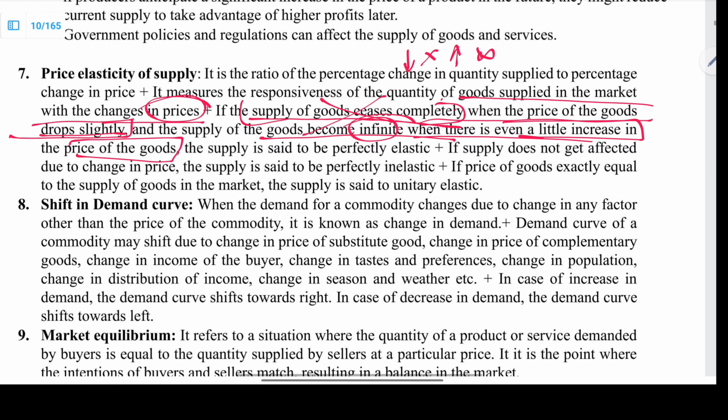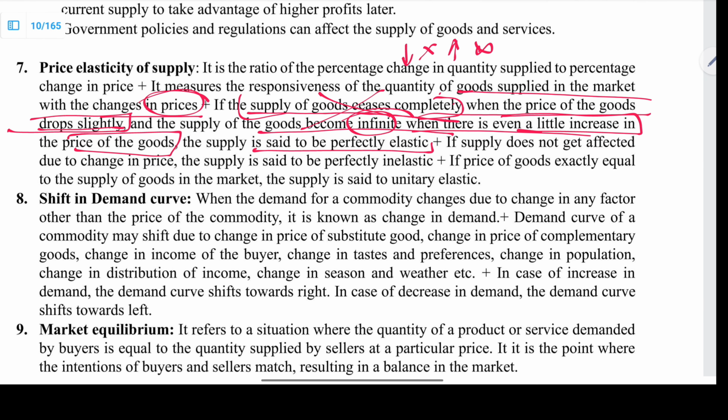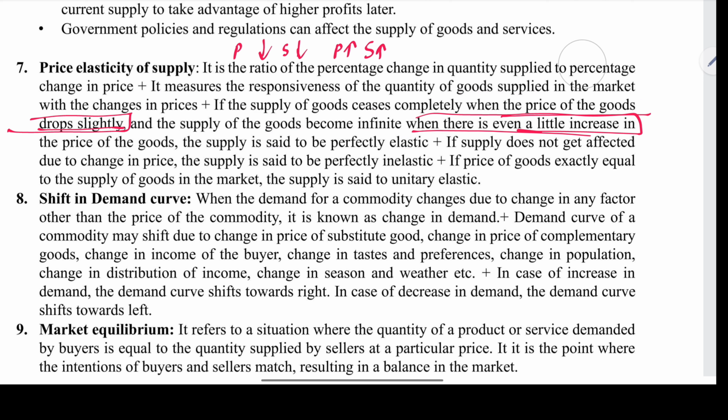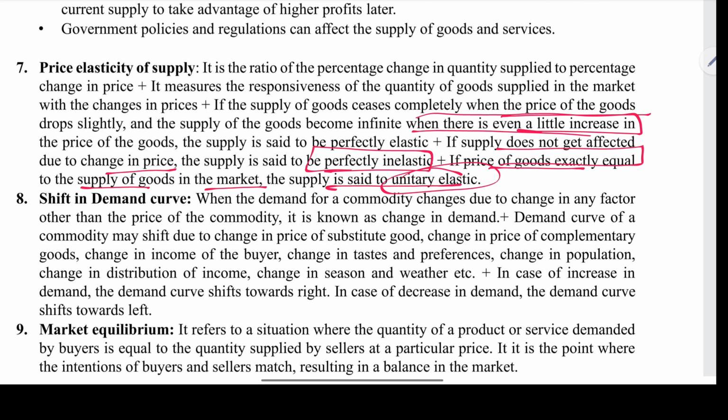Therefore, the supply is said to be perfectly elastic. If the price drops, the supply also drops; if the price increases, the supply increases. The supply does not get affected by the change in the price: it is inelastic. If the percentage change in the price is exactly equal to the percentage change in supply, then the supply is unitary elastic.